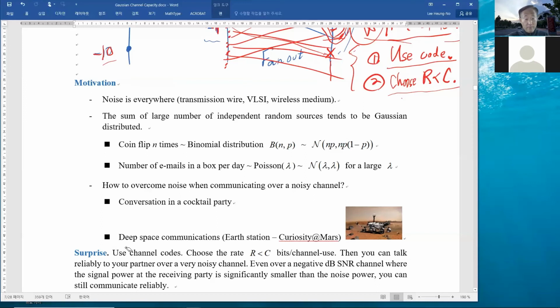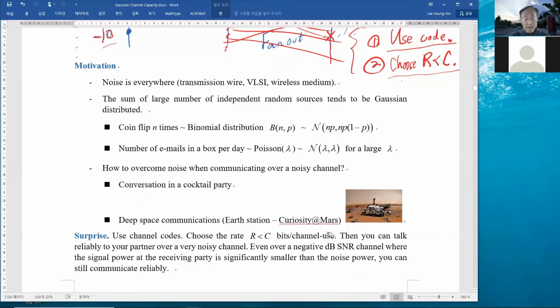And the other noisy channel example is deep space communications. For example, imagine that you want to communicate with Curiosity, which was sent to Mars to explore the Martian environment.